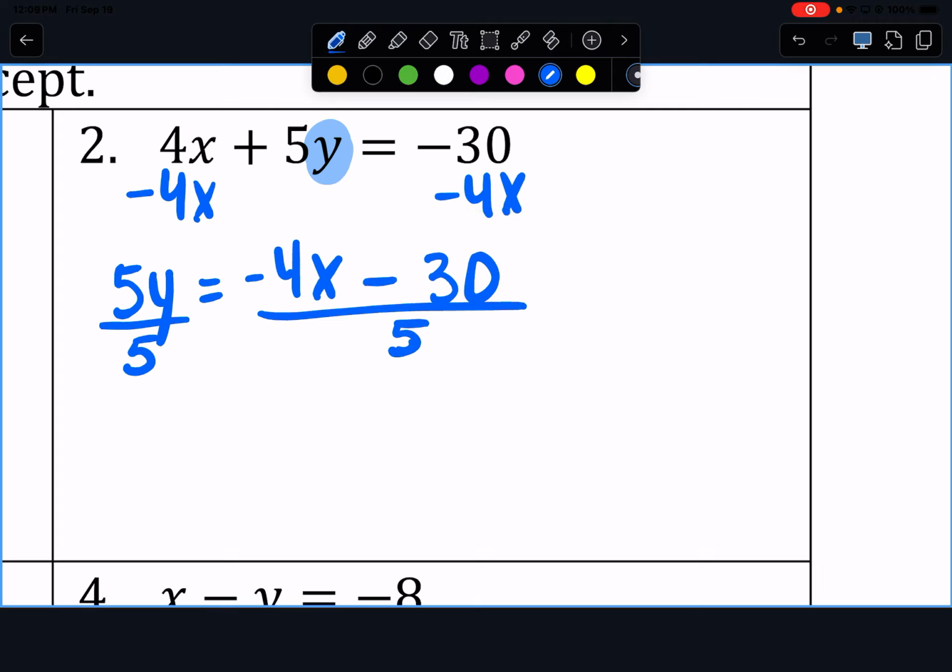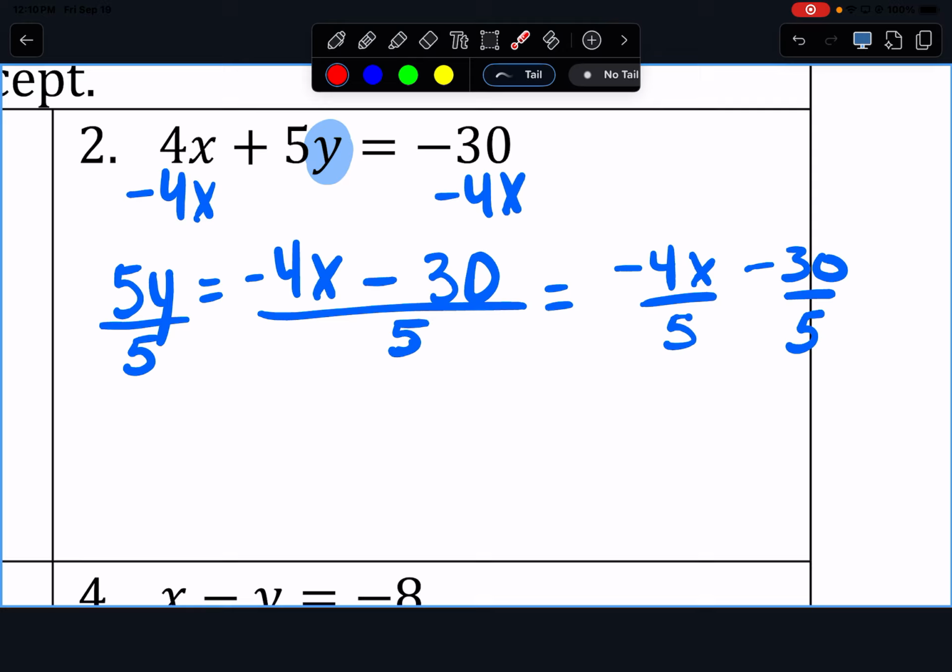To lessen the chance of forgetting, a way that I'll often write it is if I'm dividing on both sides, I will put each term over 5, so that I don't forget anything. One of the common mistakes when solving for stuff like this is we'll divide one of the terms but not the other. So we need to make sure we divide both terms.